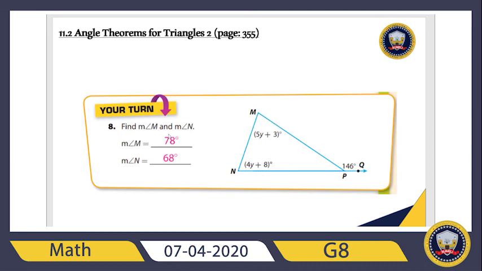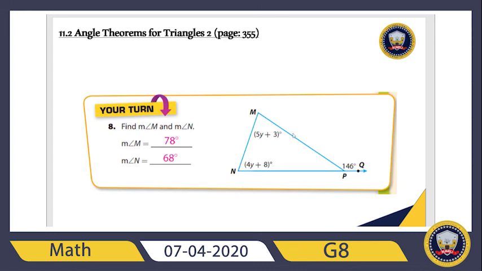So M should be 78 degrees. How can we find this? Easily, we say that the exterior angle is equal to the sum of the remote interior angles. Here N and M are interior angles, and they are remote from the angle MPQ, which is this one.